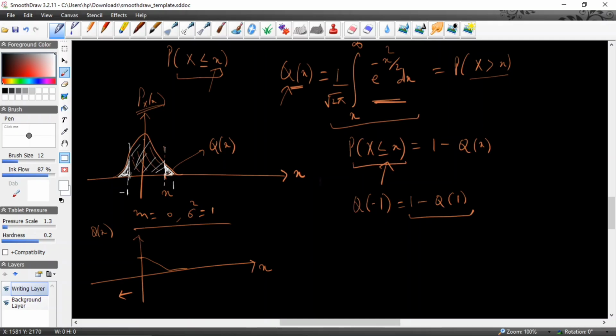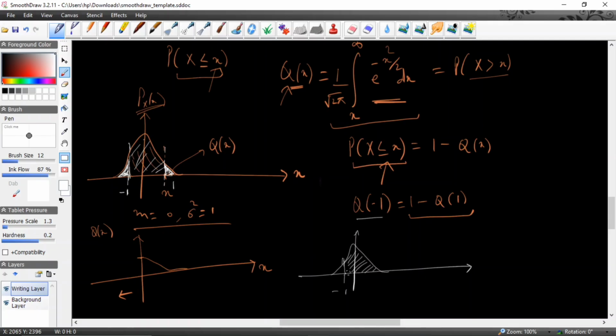Now I am trying to find Q of minus 1. This is the PDF and this, suppose, is minus 1. It means I am trying to find the area under the curve for values from minus 1 to infinity, of course excluding minus 1, but it is for greater than minus 1.